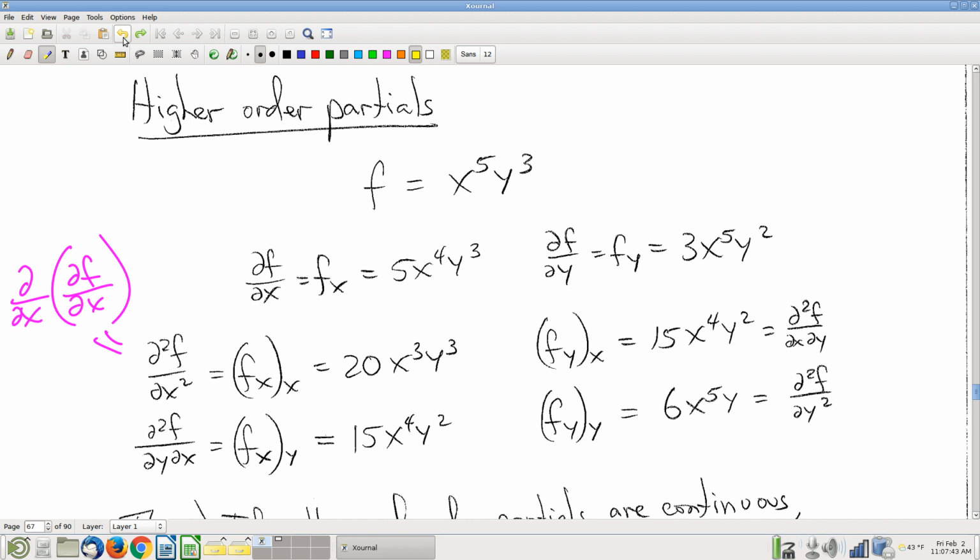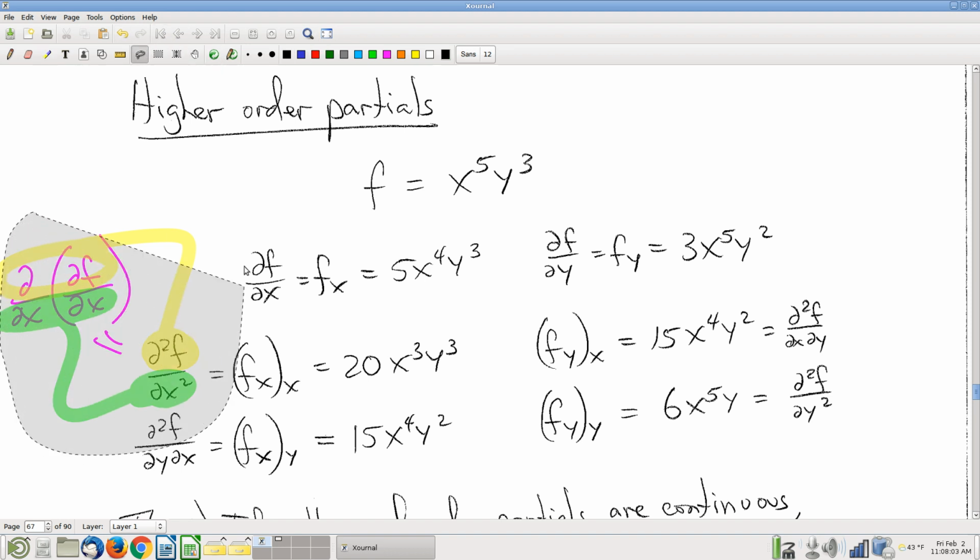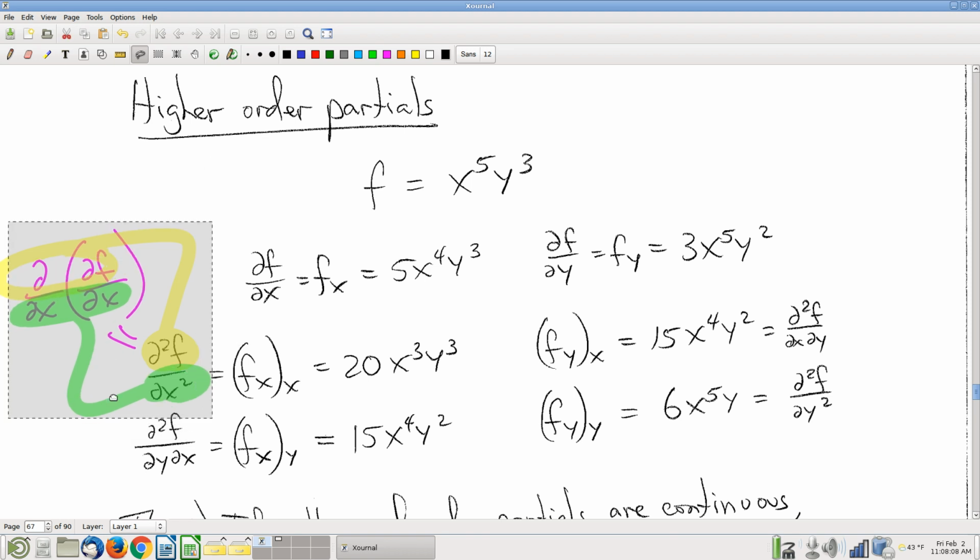notice that a convenient shorthand is that the numerator kind of sort of looks like that, and this always used to bug me when I was learning this for the first time, but the denominator, it sort of looks like there's a partial x, and then there's another partial x.